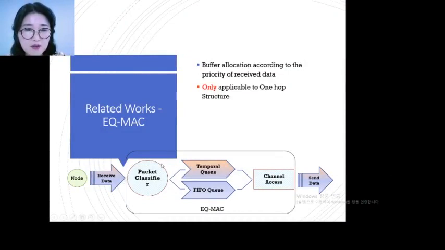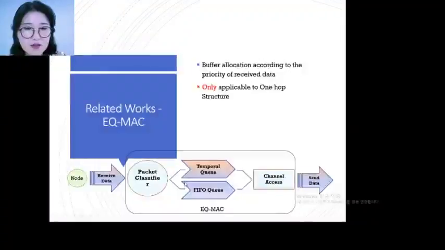Packets are classified into temporal Q and FIFO-Q. The decision of the transmission node is contention based, but the data transmission method adopts the TDMA mechanism.